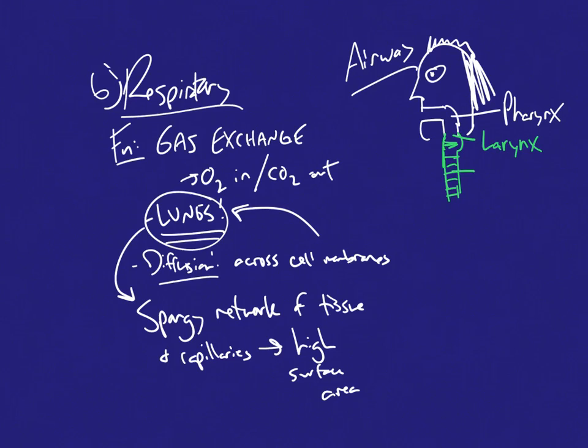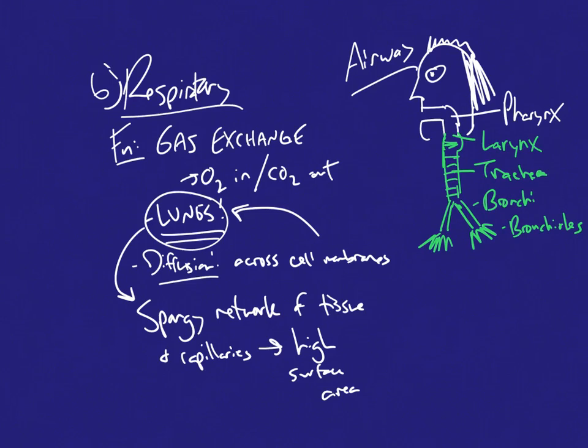Now, just beyond the larynx, you have the trachea. And again, our goal for the trachea is for it to stay open at all times. So that's why it has these cartilage rings in it. The trachea then breaks into basically two bronchi, which are smaller tubes. And then those bronchi branch out into a bunch of bronchioles, which do look like kind of branches on a tree.